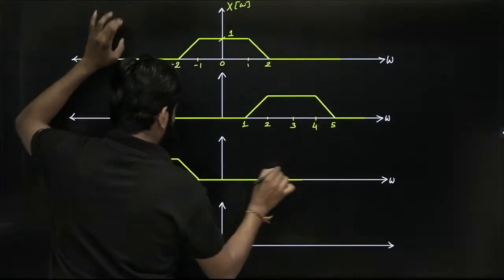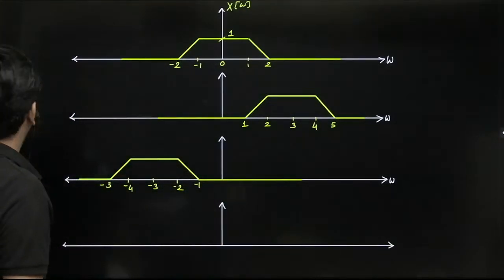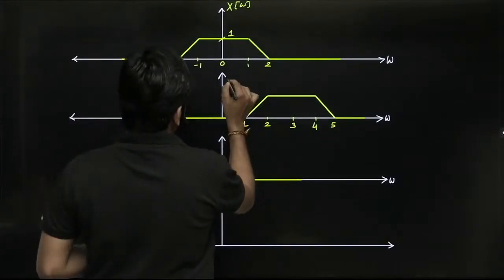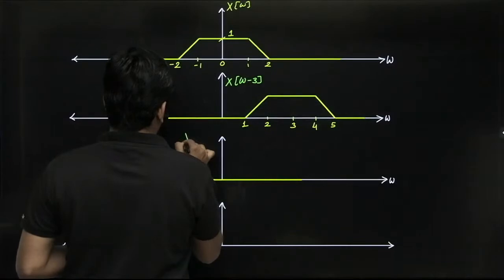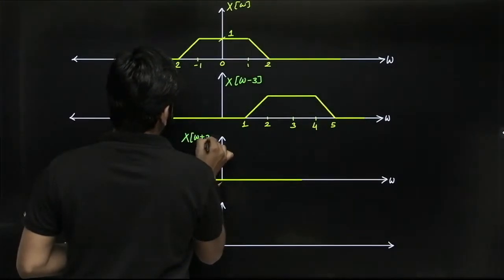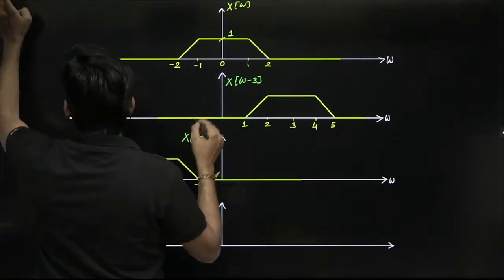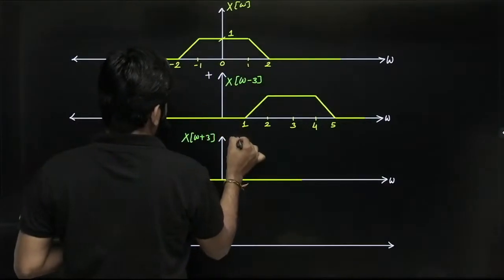So it will be like this. Here this is x of omega, this is x of omega minus 3, this is x of omega plus 3, guys, and you have to add all these three.